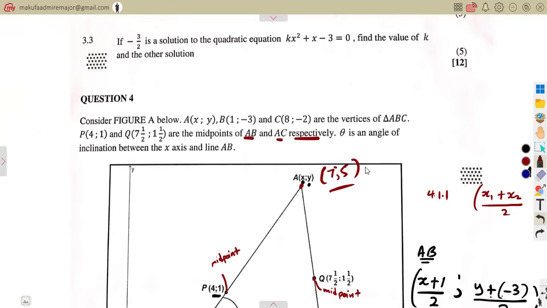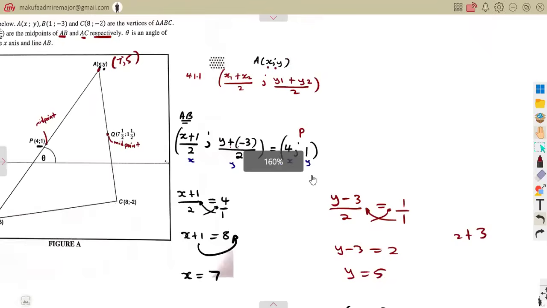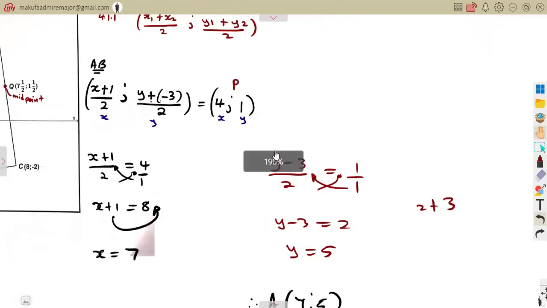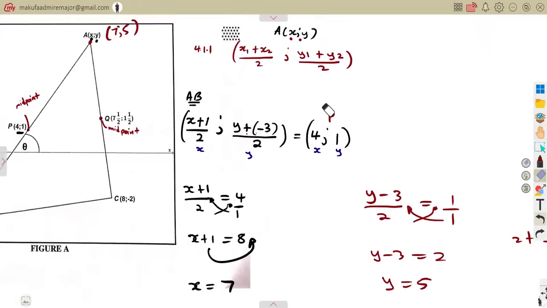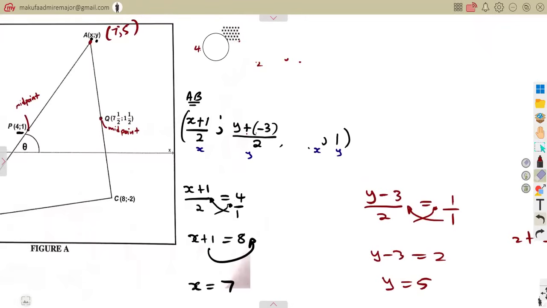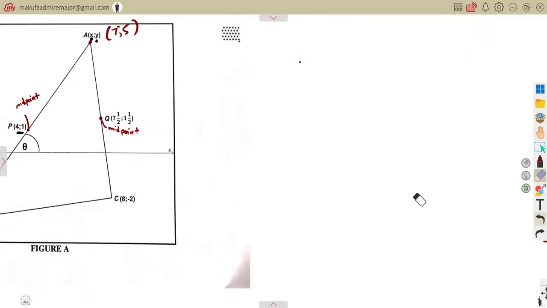So that's (7, 5). The midpoint concept was going to be the best to use. Like I said, I want you to try working with the other side using the line AC. Okay, I want you to try that one.